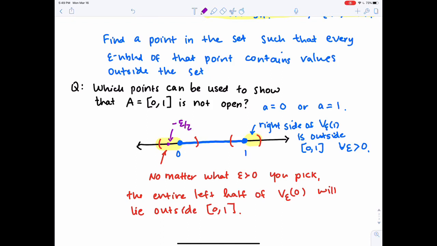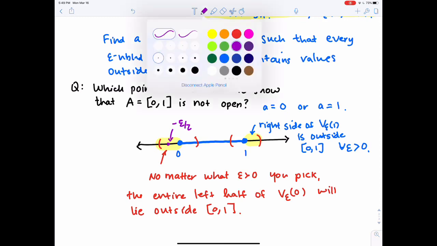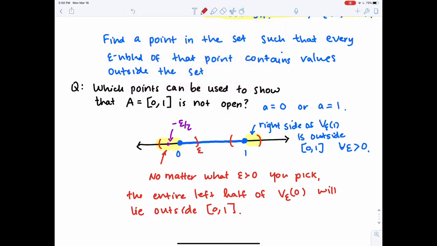I could select, for example, negative epsilon over 2, because remember what these endpoints are of my interval. This is epsilon, this is negative epsilon. If I was looking at the interval around 1, I might use 1 plus epsilon over 2.